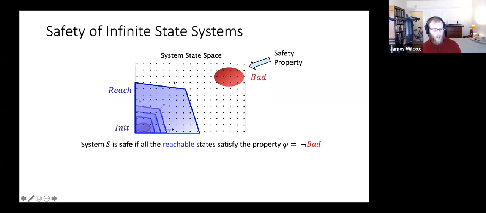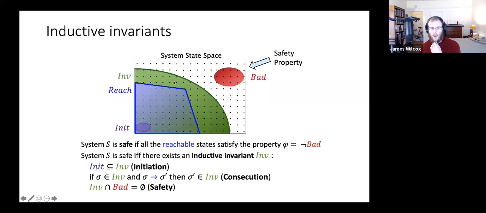And the way we're going to do that is exactly the way we did it before in the finite case, which is that we're going to find an inductive cut of this infinite graph. One way to draw that is that it's an over-approximation, this green arc. It's bigger than all the reachable states. In other words, every reachable state has to be in the green region, and it doesn't overlap with the red circle. And the way we're going to prove this is by induction.